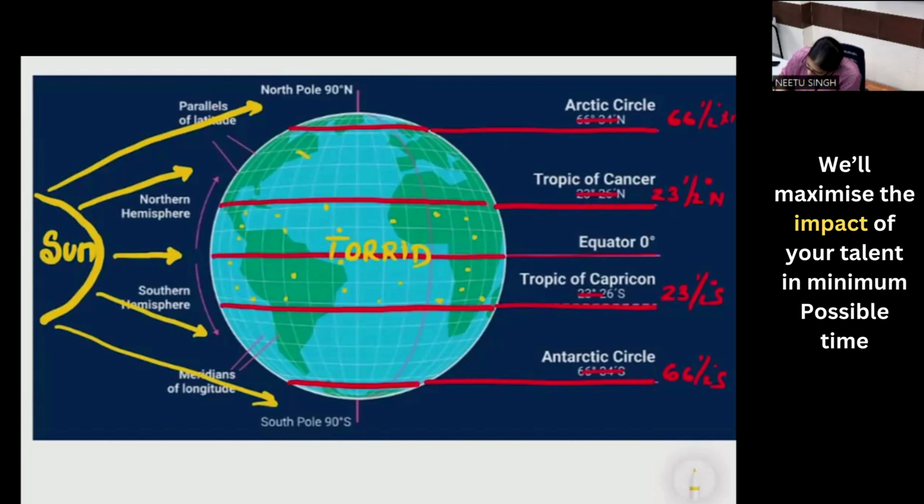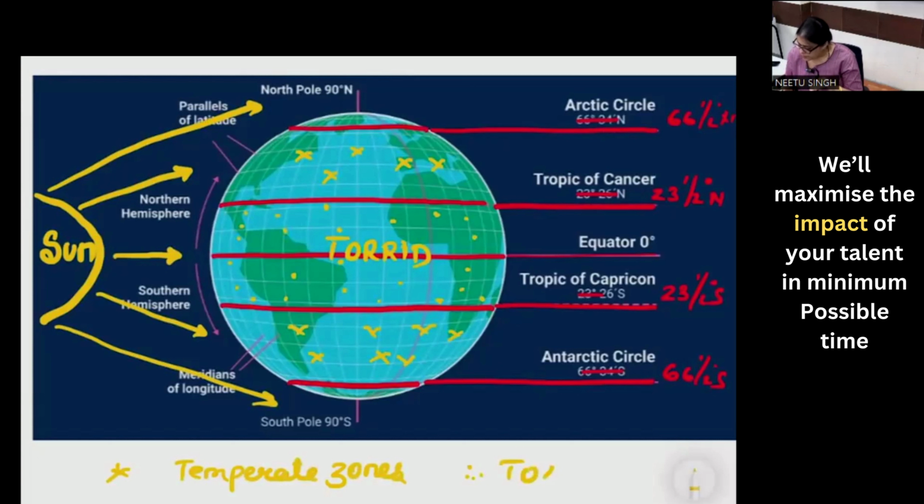Between the Tropic of Cancer and the Arctic Circle in the north, and between the Tropic of Capricorn and the Antarctic Circle in the south, you have the temperate zone, a moderate temperature zone. This question can easily be asked in Prelims. I have two temperate zones, one in each hemisphere, but only one torrid zone because it is continuous between the Tropic of Cancer and Capricorn.